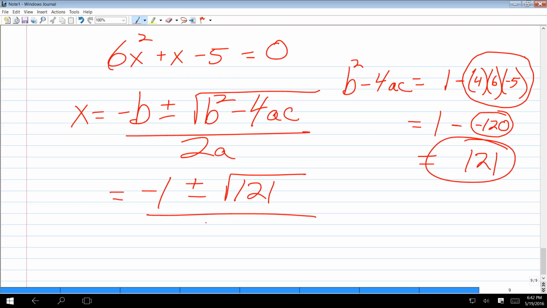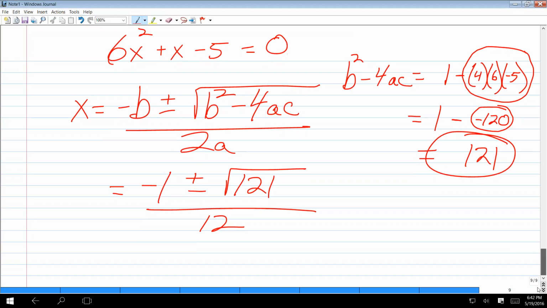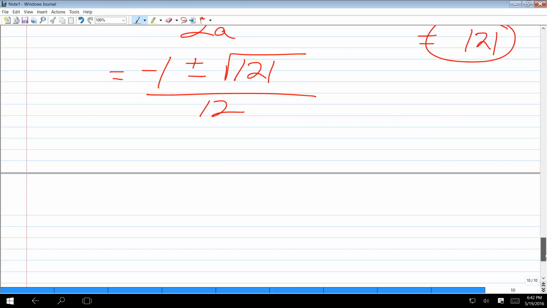Over 2 times a. A is 6. Oh, okay. Okay? Now, let's simplify this thing. What's the square root of 121? 11. So I'm going to replace that with 11.